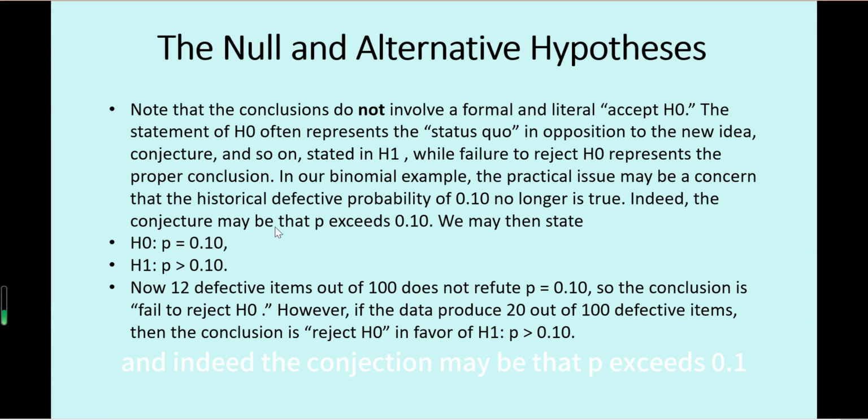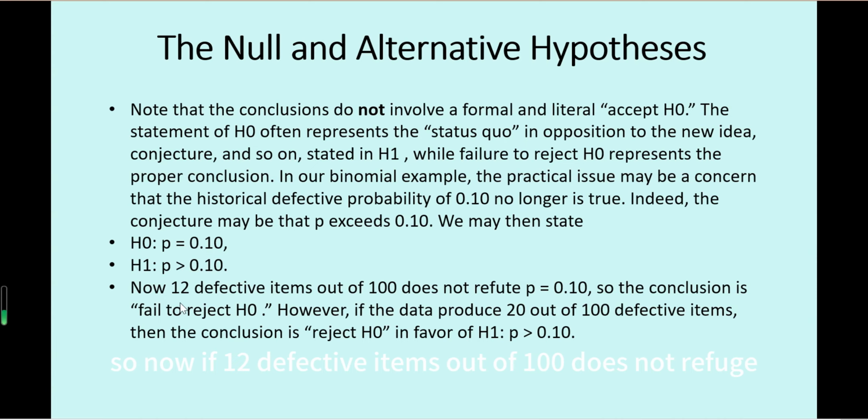Indeed, the conjecture may be that P exceeds 0.1. So in this example, H0 is P equals 0.1 and H1 is P larger than 0.1. This H1 statement is a one-sided hypothesis test.